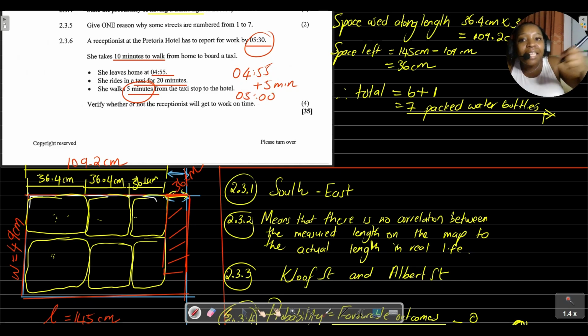Then I'm going to plus 20 minutes. So if I plus 20 minutes, it puts us where? At 05:20. Then I'm going to take 10 minutes. Okay? So I'm going to plus 10 minutes and it's going to put us where? 05:30. So she is going to get to work on time based on these calculations.